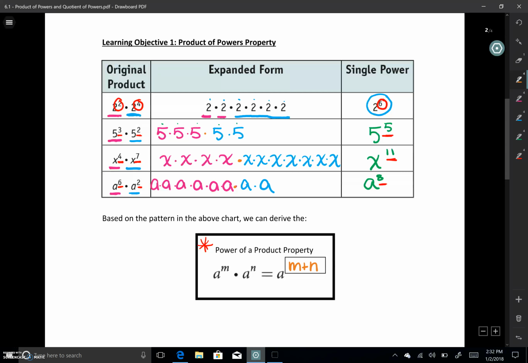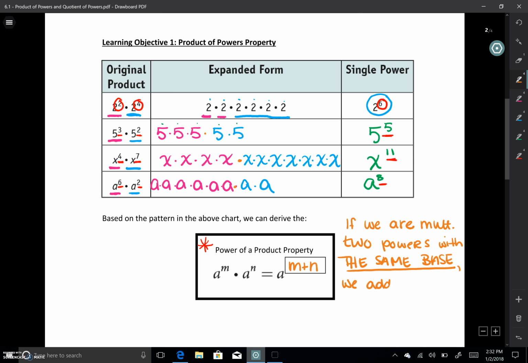So in other words, if we are multiplying two powers with the same base, which is very important that they have the same base, we add the exponents.